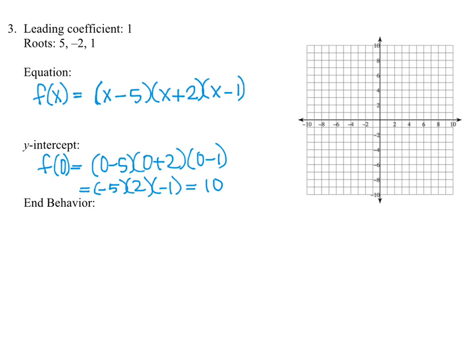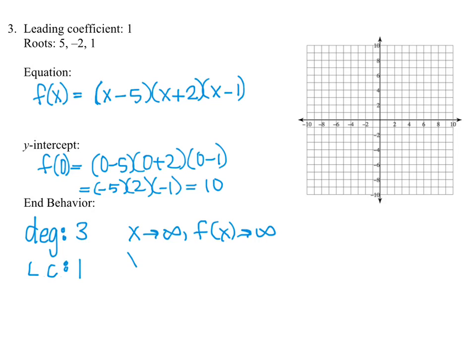For the end behavior, I told you the leading coefficient is a positive 1. And the degree, because I have 3 roots, is 3. So as x approaches positive infinity, that leading coefficient causes me to go up, or approach positive infinity.